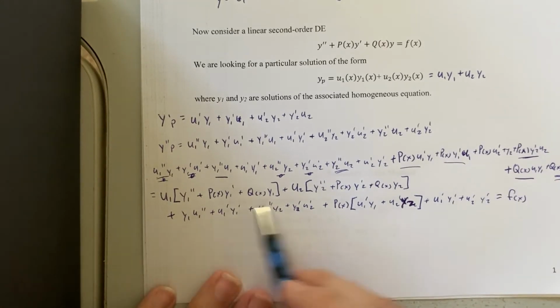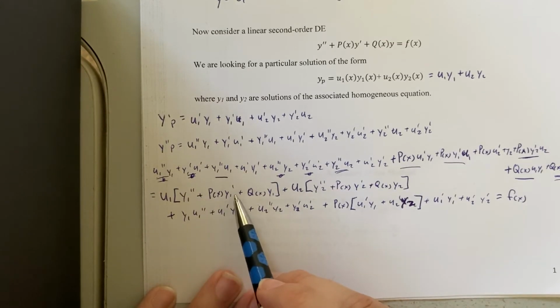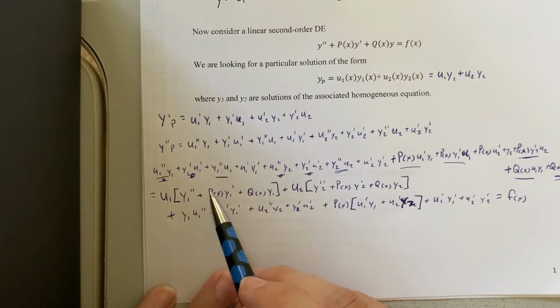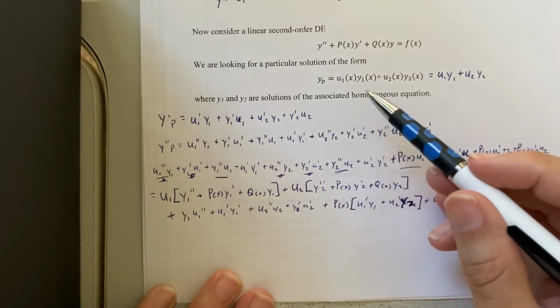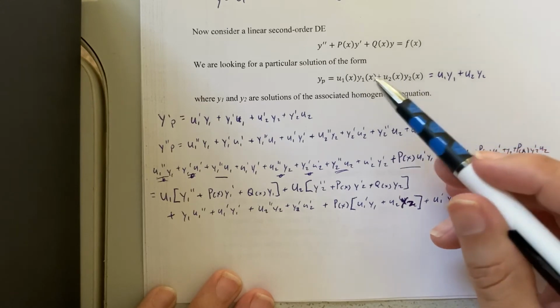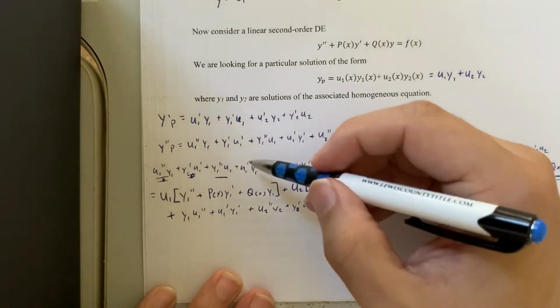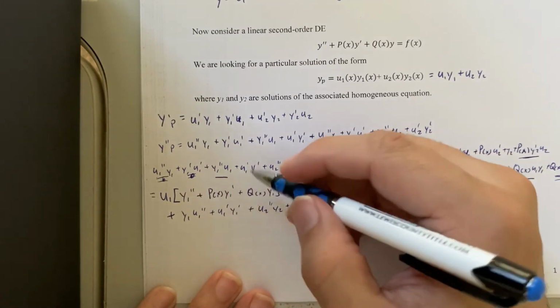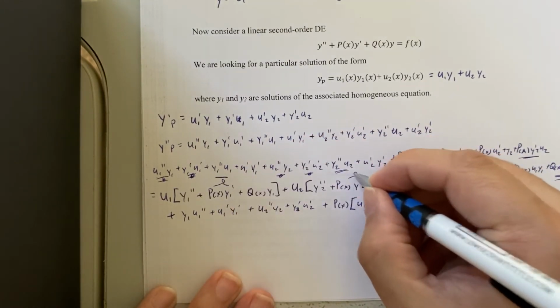Now, the reason I wrote it this way is so that you could see that this was a solution to our homogeneous part, because y sub 1s and y sub 2s are part of the solutions to the homogeneous part. So all of this row right here really equals 0, and all that equals 0.